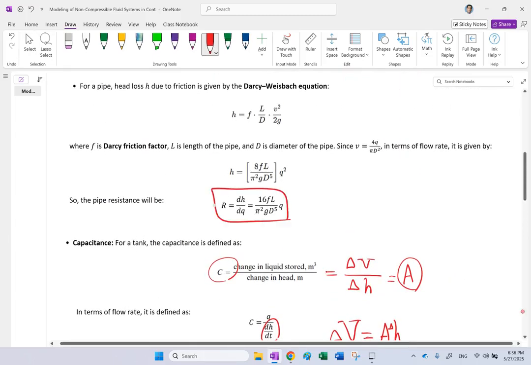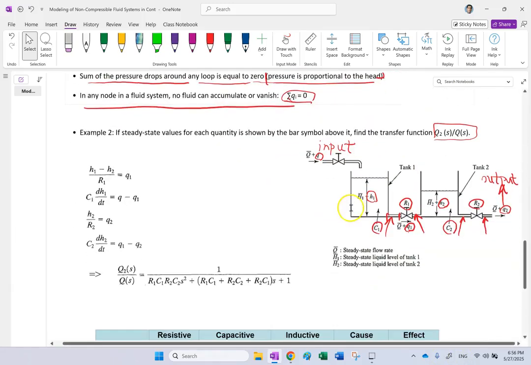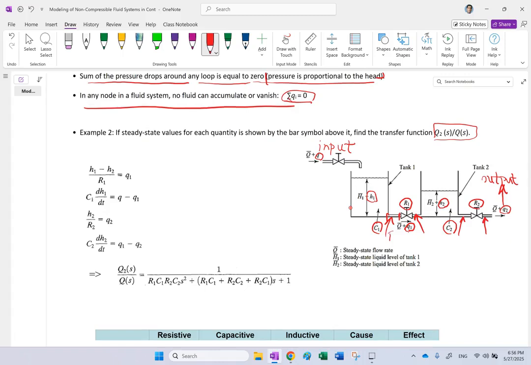But here we assume that either those pipes are very smooth or their length is small, so the resistance is negligible compared to the valves. So here we are just neglecting them. Otherwise, you would have these R's in series, and the equivalent would be the sum of them. But here we just neglect those.